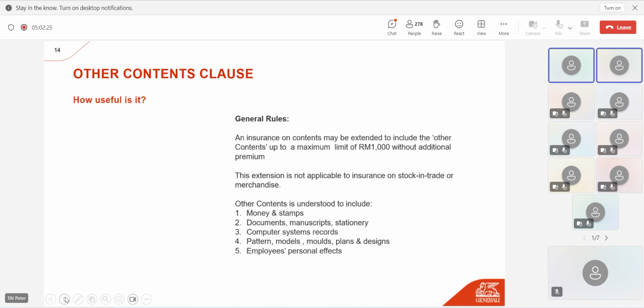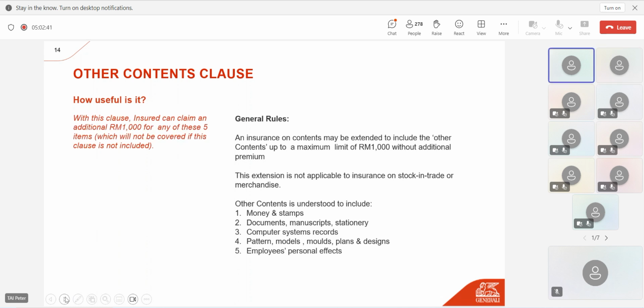In other words, the insurance company, being Santa Claus, donates this 1,000 ringgit to your customer if in the event of a loss they have this other contents clause. The insured can claim an additional 1,000 for any of these items. So long as any one of these items is included, the insurance company will pay based on the other contents clause condition.